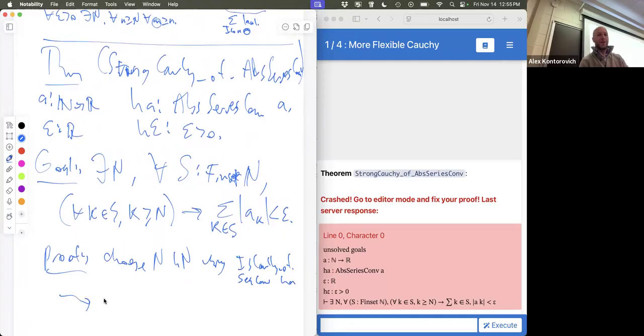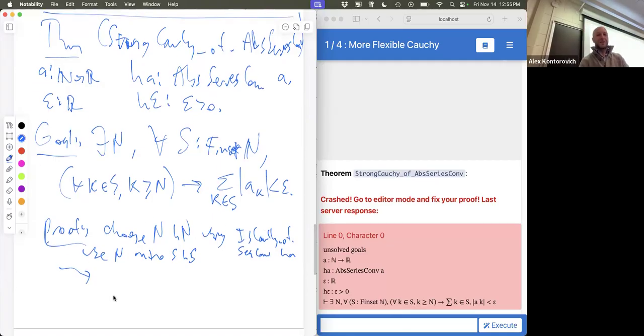Let me speed this up a little bit. Now use that N, and then intro S and HS. Intro S and HS give me the finite set and the hypothesis that for all elements in the finite set, they're at least capital N. Then I want to know that this thing, so now this is my goal. The Cauchiness says, let M be the max of the elements in S, max over K as K ranges in S, by which, of course, we're going to change that to the sum.